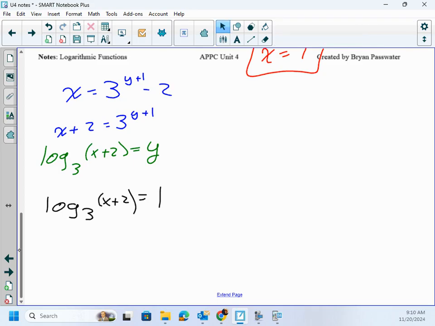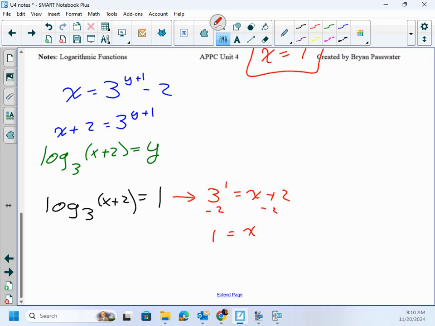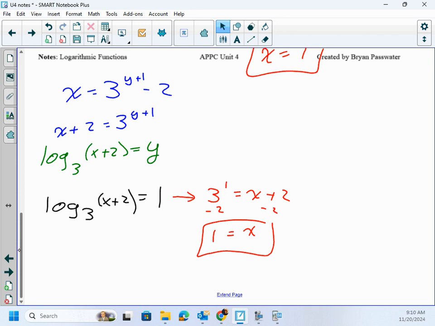Now if I put this in exponential form, because that's how I'm going to solve it, 3 to the first equals x plus 2. So when you subtract 2, x equals 1. Two different ways to do it, got the exact same answer. They both started off the same way. What do you recognize?